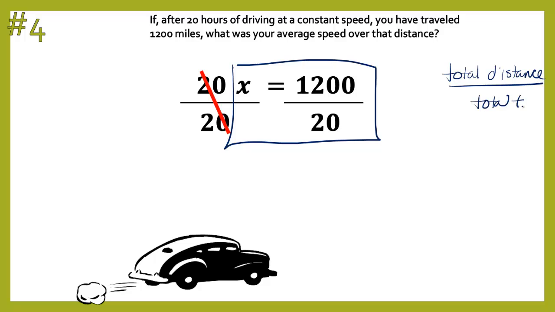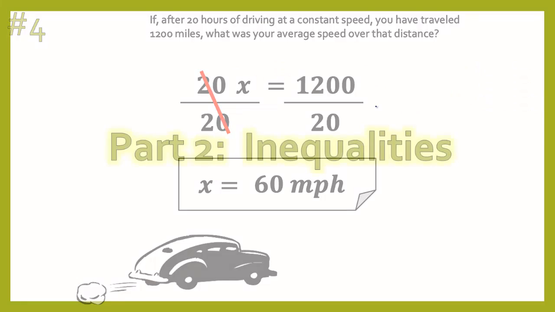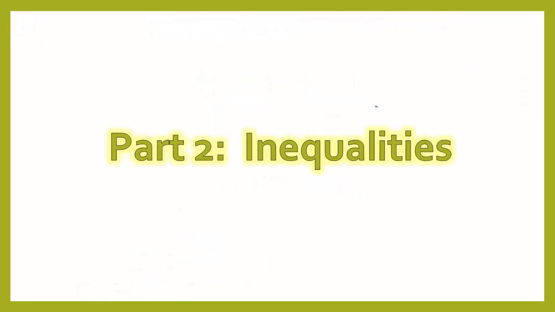In this case, that's going to give you your average speed, which would be 60 miles an hour. Pretty easy. All right, let's move on to inequalities now.